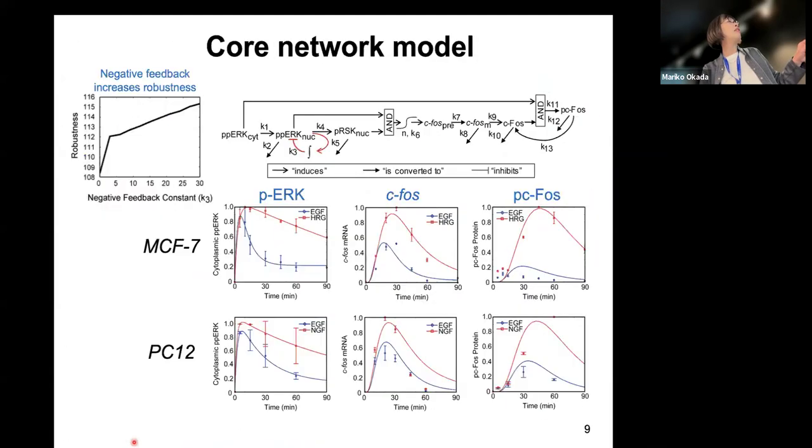Maybe it's better. Even though it's the same network, for example, Arc appears at 5 minutes, but c-Fos appeared at 90 minutes.